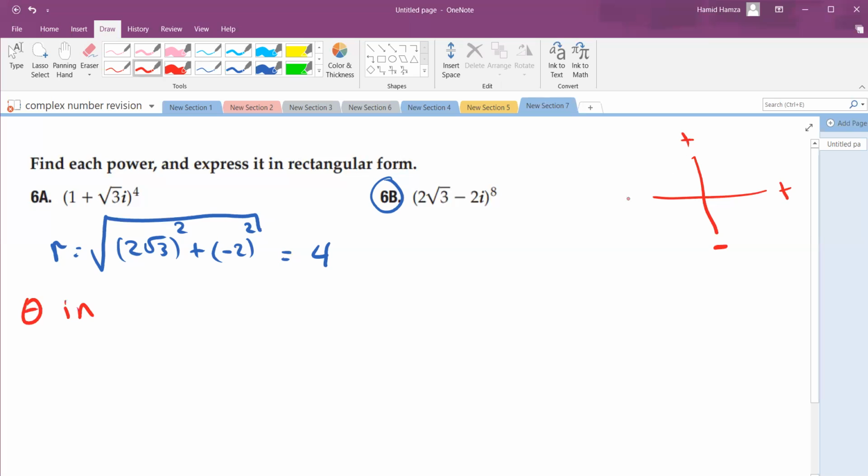The first is X and the second is Y. X is positive, so I take the positive of X, and Y is negative, so it is the fourth quadrant.